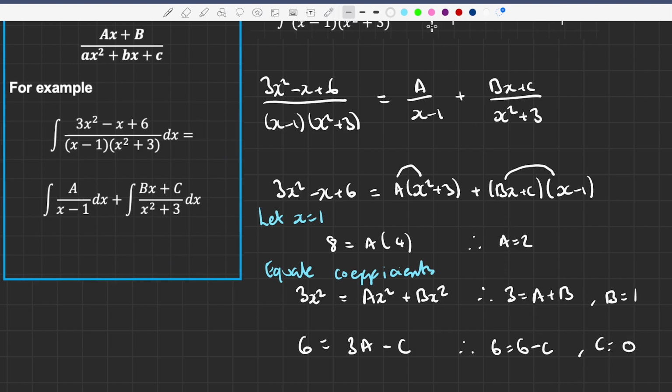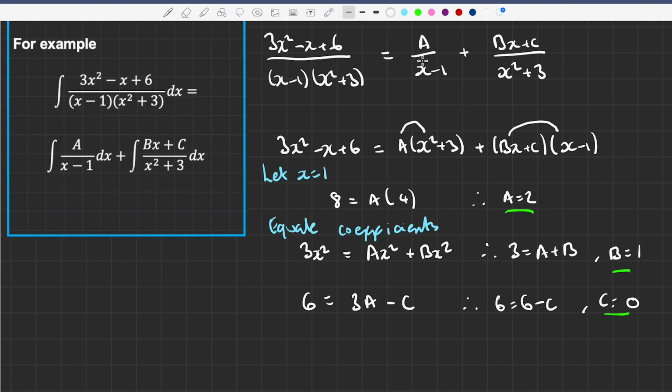Okay, so now we've got our a, b, and c values. We can substitute these three values back into here. So we have 2 over x minus 1 plus b, which is 1, so just x, and c is 0, over x squared plus 3. So the integral of this will be exactly the same as the integral of our partial fractions.